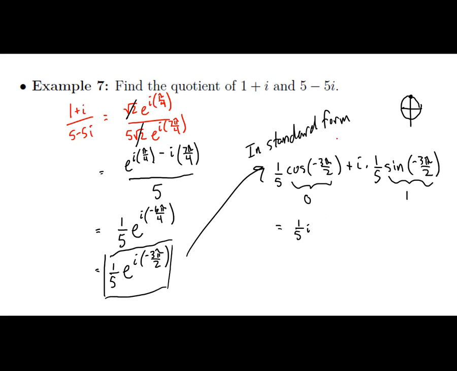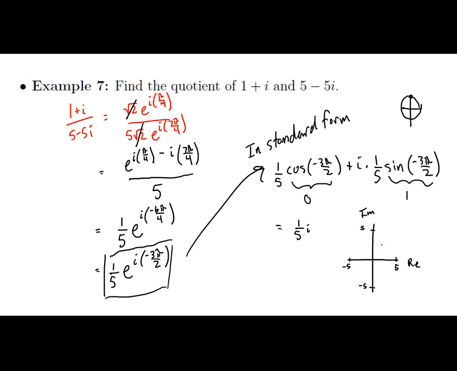And so what I think is kind of nice here is let's go ahead and graph in the complex plane these two original complex numbers and then also the result. So if I sketch this out here, here's the real axis, here's the imaginary axis, and then let's put 5 here, negative 5, negative 5, and 5.